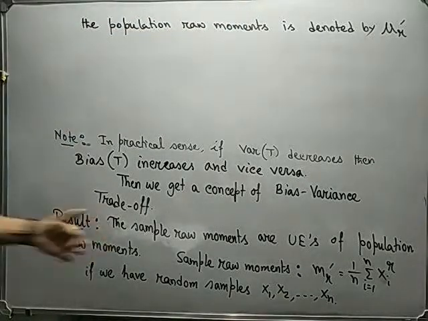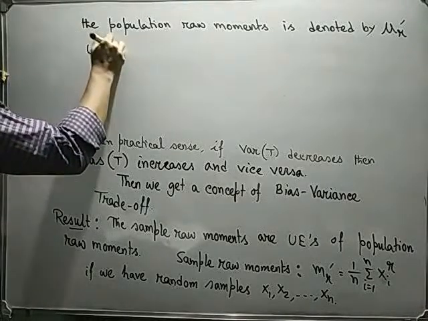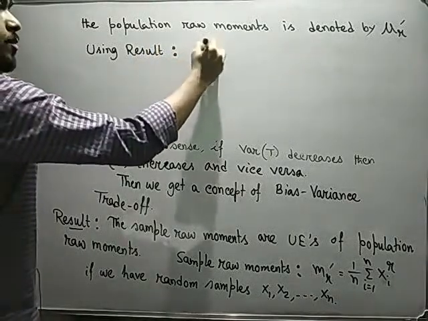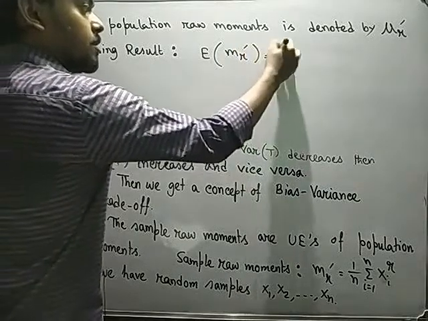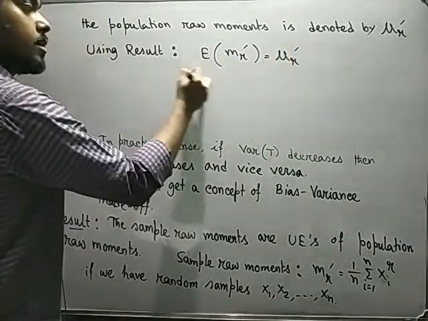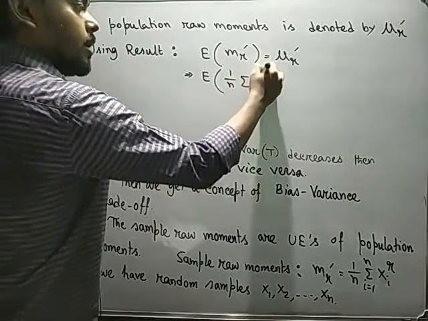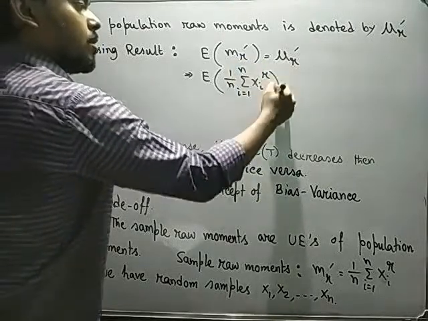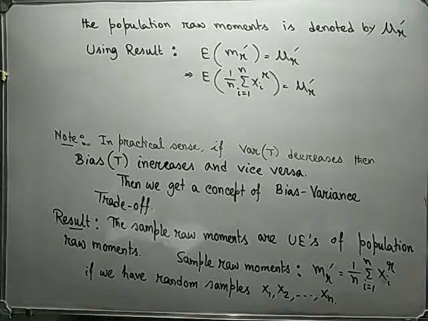Now the result says that, using the result, expectation of M r dash is basically mu r dash. Or you can say the expectation of 1 by n summation of xi to the power r will be exactly mu r dash. What does that mean?